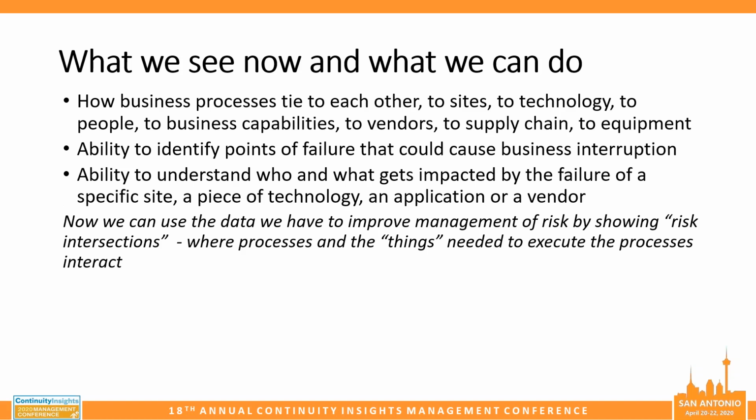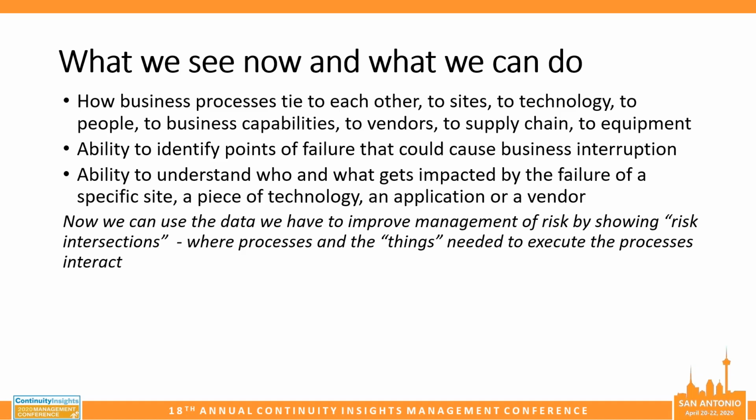So process to process dependencies, how they get tied to sites, how they tie to the technology environment, to actual people, to business capabilities, to vendors, to the supply chain, to physical equipment. We have the ability to identify those single points of failure that could cause a business disruption. And we're able to understand who and what gets impacted by the failure of a specific site, a specific piece of technology, an application, or vendor.